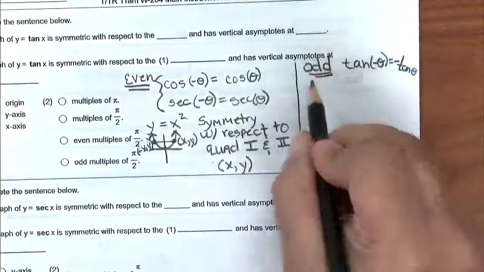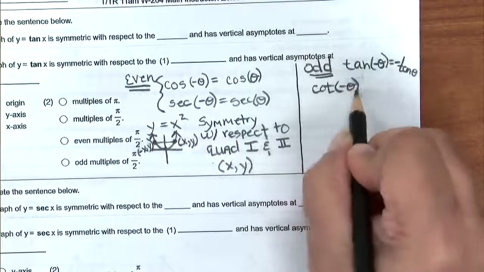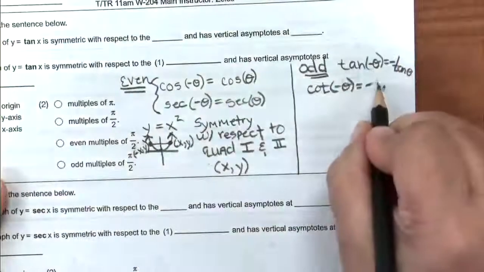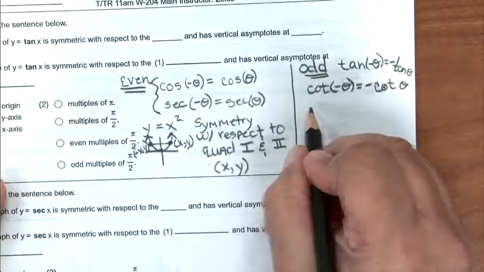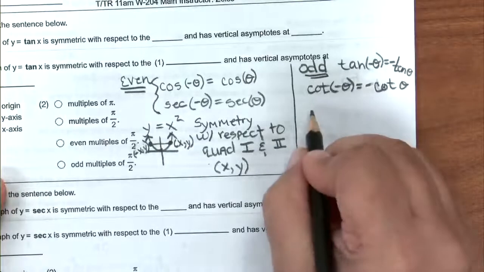Cotan also has that property, that if you see a negative right here, you got to keep the negative. You got to float it out to the front. Okay, so anyway, tan, cotan, who else?